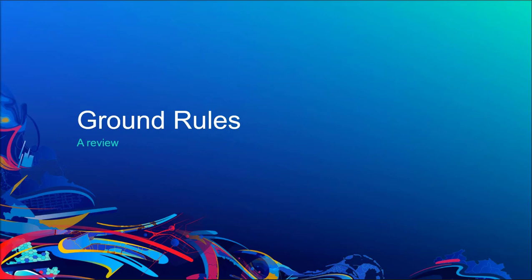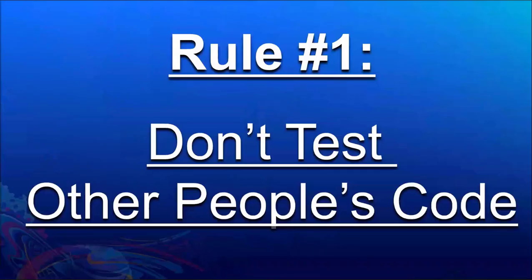Let's set up some ground rules here so that we know what we should be testing and how we should be testing. Our very first rule is to think about what we should be testing. We certainly need to be testing our code and the code that we're writing.